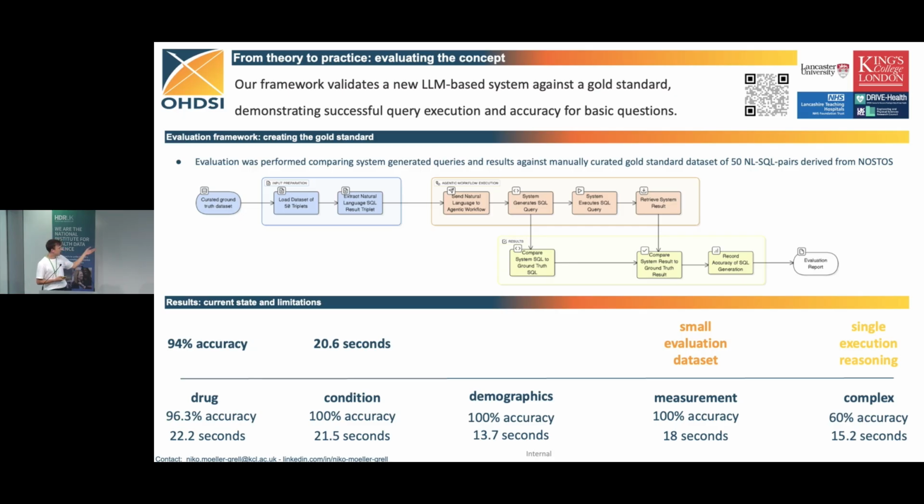Then we compared the actual queries we put through our system and came up with a 94 accuracy overall and 20.6 seconds in query speed. However, we'd have to point out that with 50 questions, this is a limited data set currently, and we are at the stage of single execution reasoning. So we want to get where we'd have more complex tasks, like real analysis, but right now it's more asking the question, how many patients have diabetes?